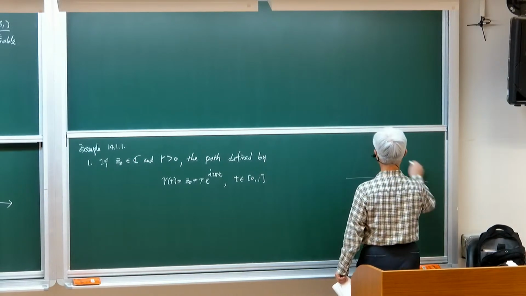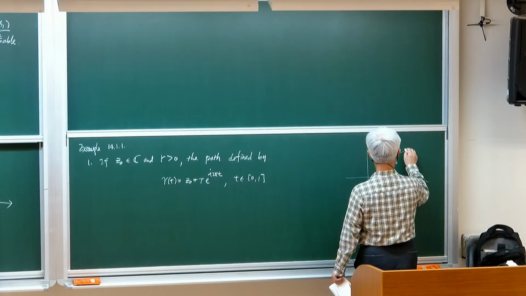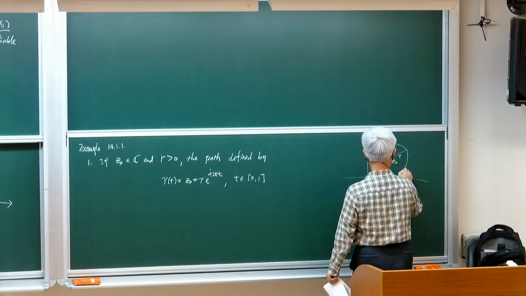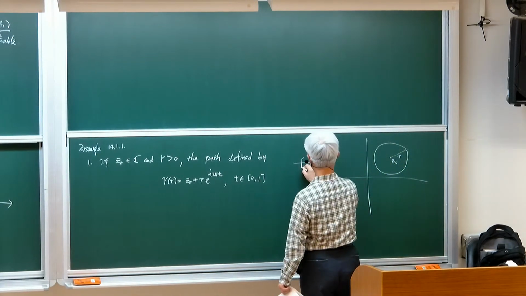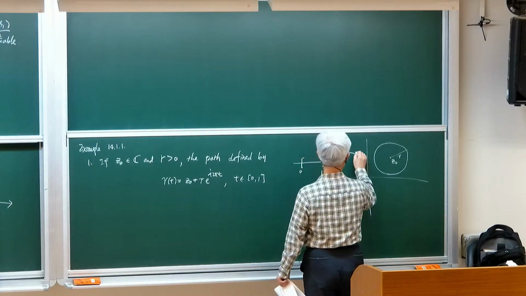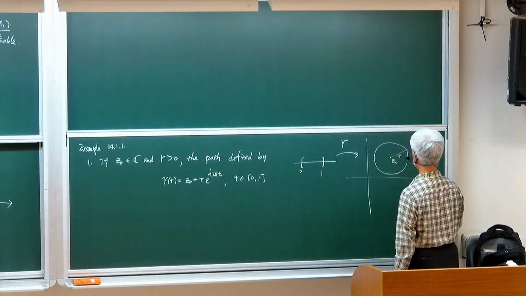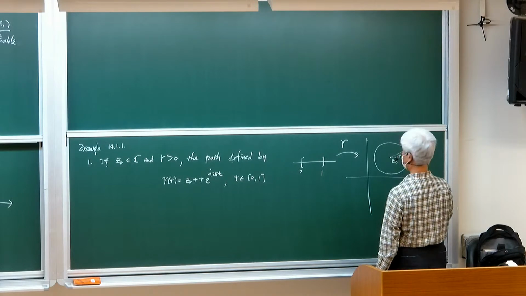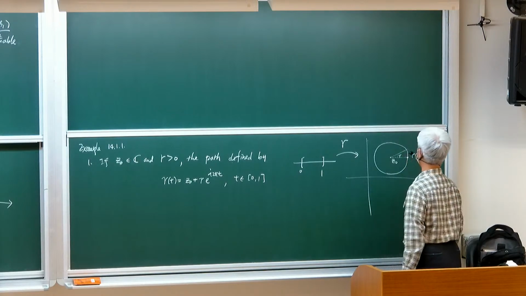So we have this is z0, and then this is the radius R. This is the circle here, from 0 to 1, gamma. And this point is actually gamma 0 equal to gamma 1.